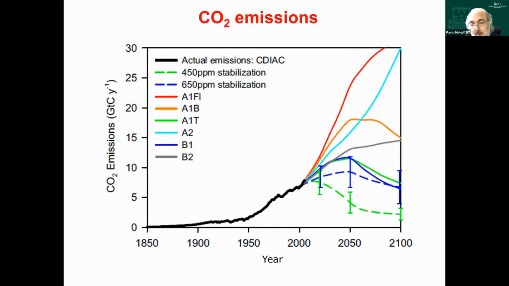So especially the red one is what happens if we do nothing. And the other models are what happens if we act in a sustainable way and do our part to reduce emissions. So there's no time for details, but it's clear that the situation is not easy, not good, and we have to do something soon.